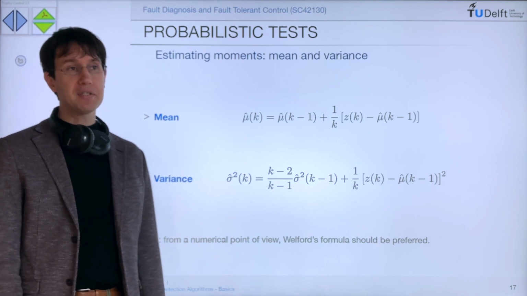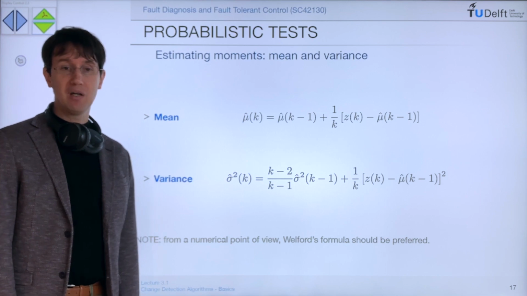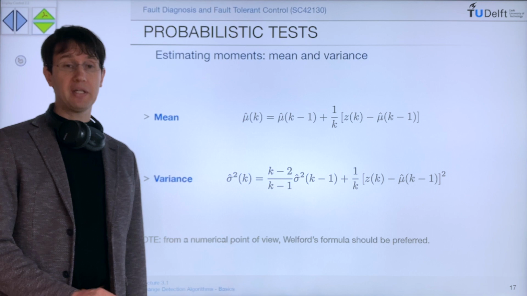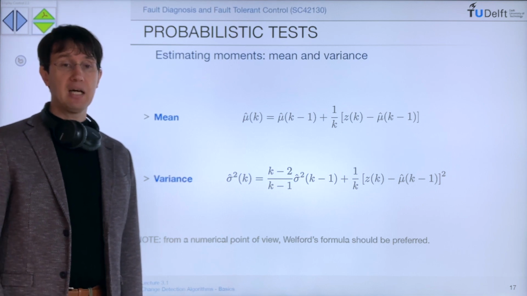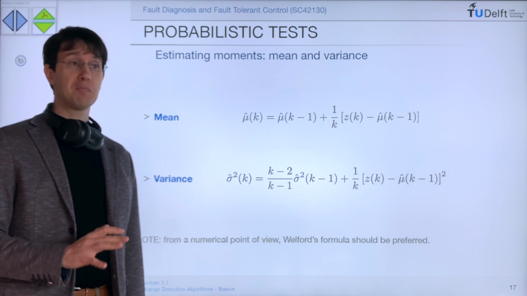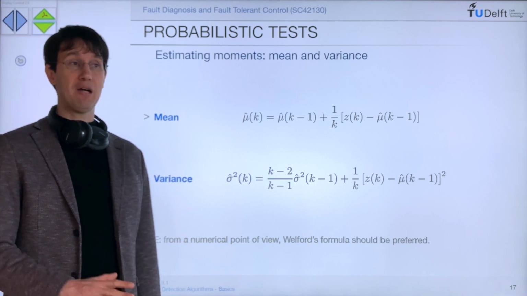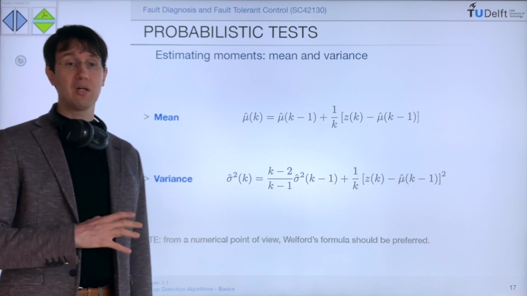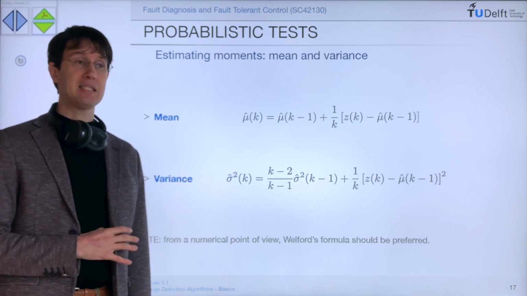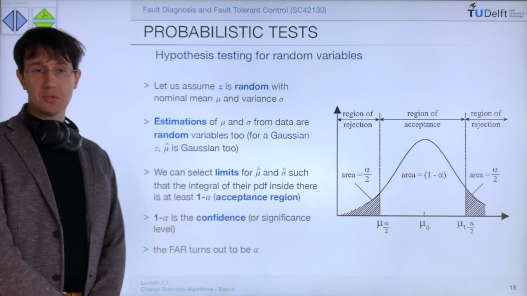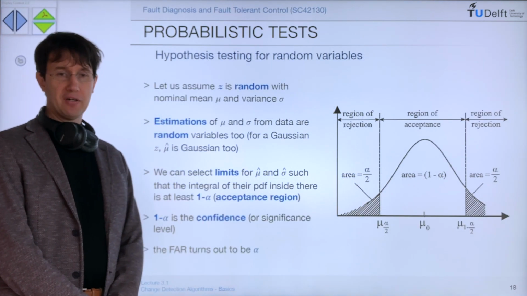So we are making the assumption of having a large number of samples, but we are also showing in the next slides how to take into account the case of a small, non-infinite number of samples and still have a way to compute probabilistic tests in a robust way. Okay, so let us move further.